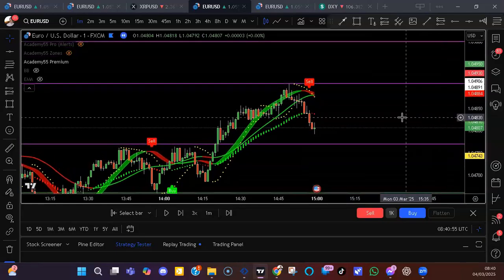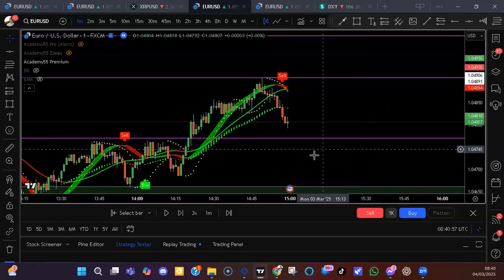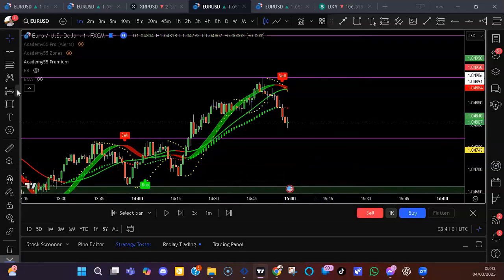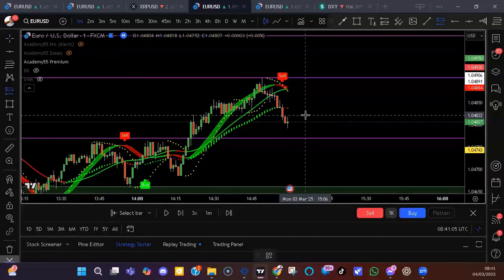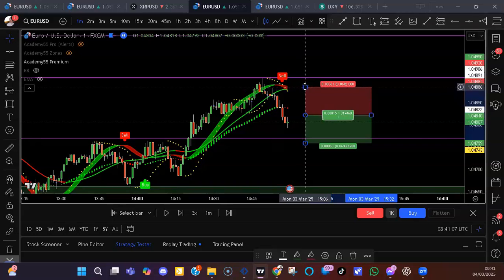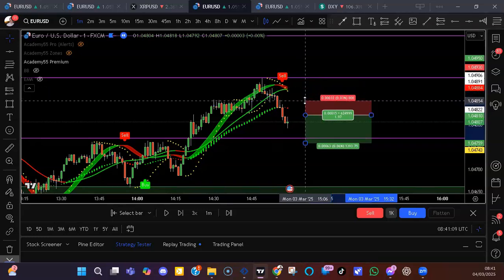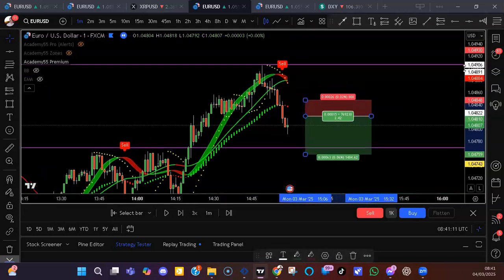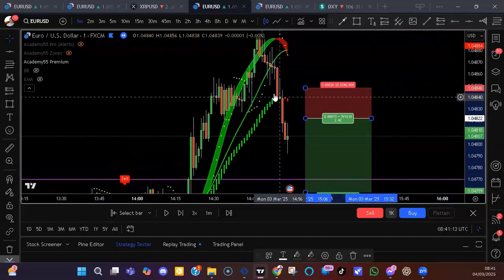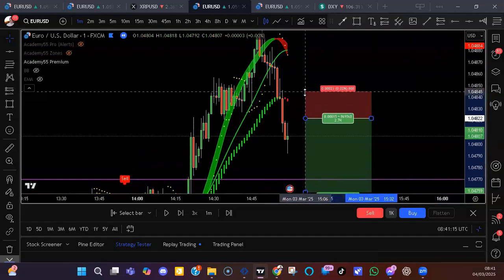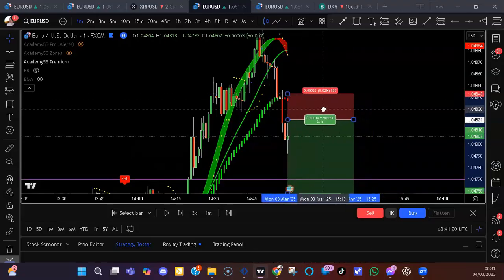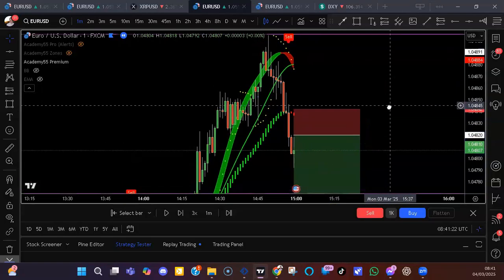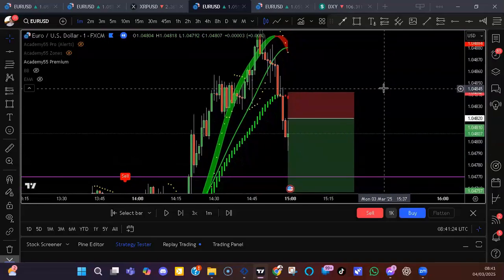And indeed, we're waiting for a sell. So we put the short position tool on. Like I say, a minimum of 2.2 pips away. Make this a bit bigger, I think. 2.2, there we go. And that's where we want to get into the trade.